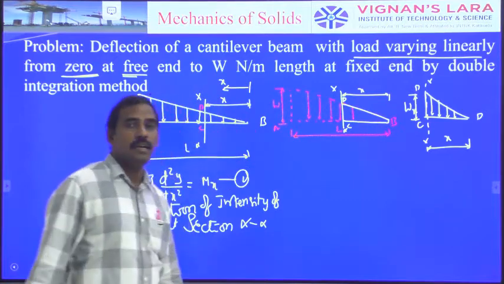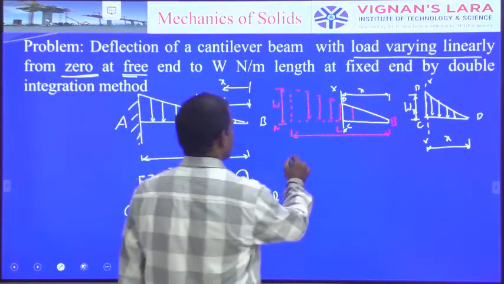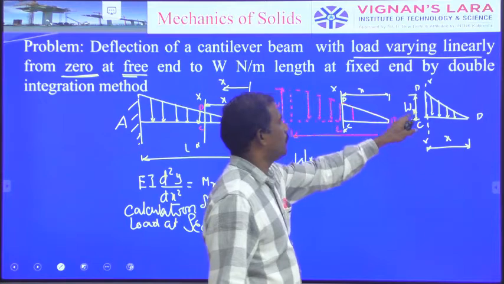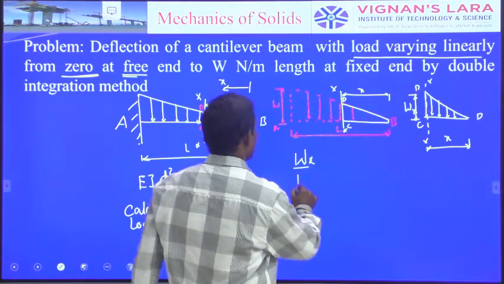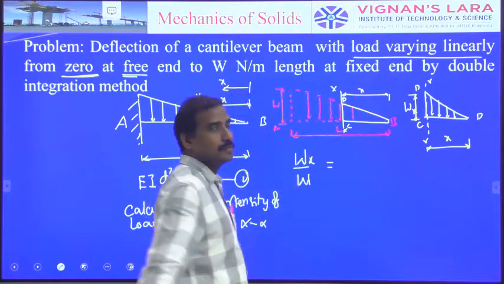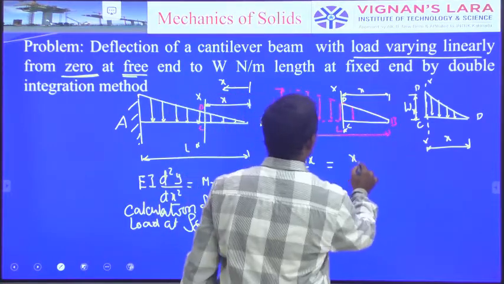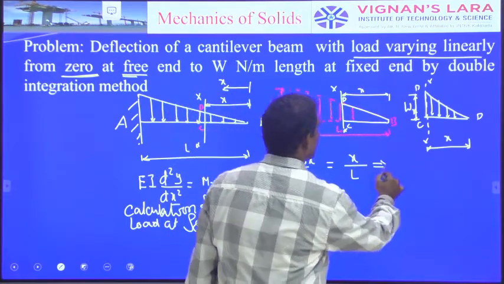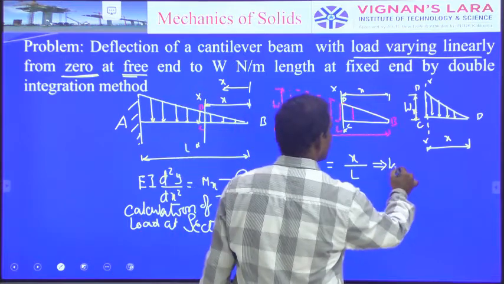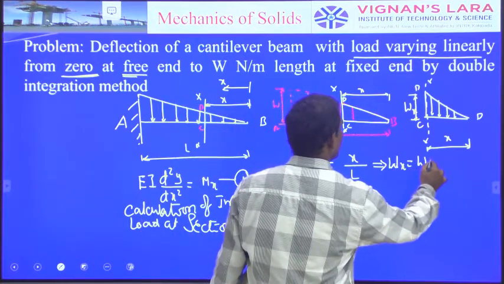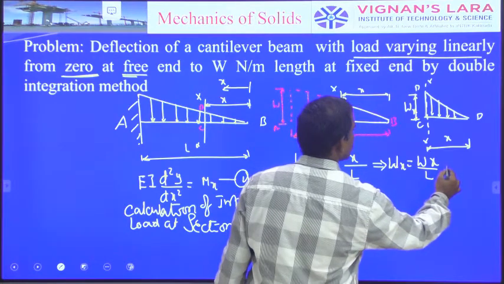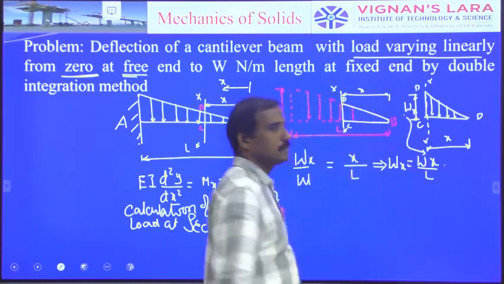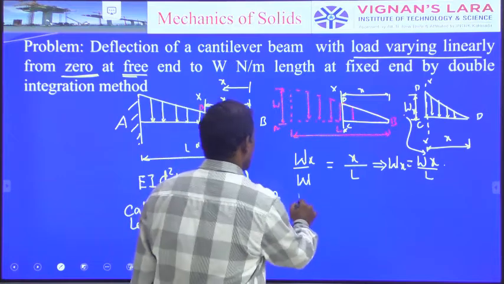From the geometry and from the similar triangles, W suffix x by capital W is equal to small x divided by L. So from this equation, W suffix x is equal to Wx divided by L. This is an important one.